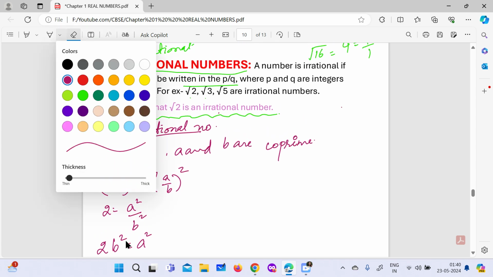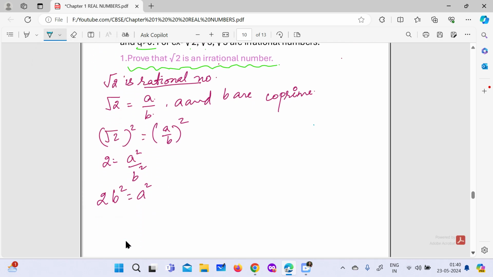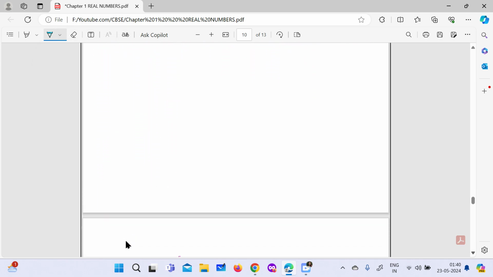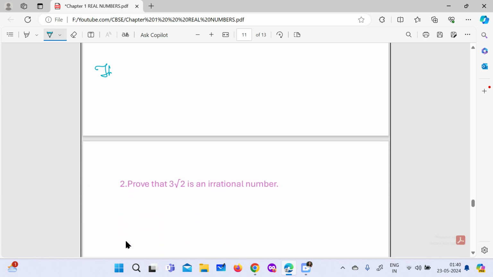So your theorem is, okay, this is a very important theorem. Let p be a prime number, and a is a positive integer.